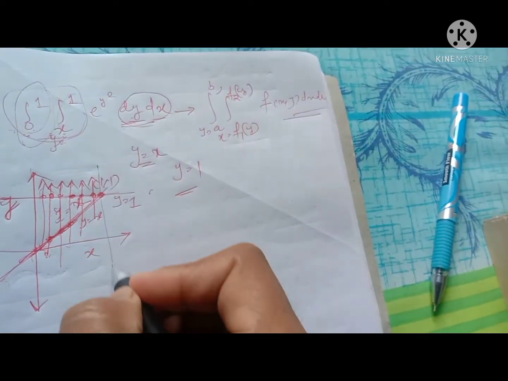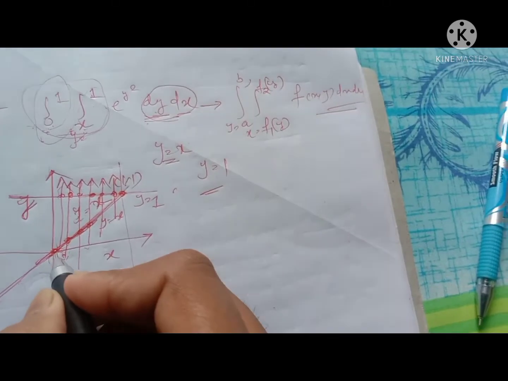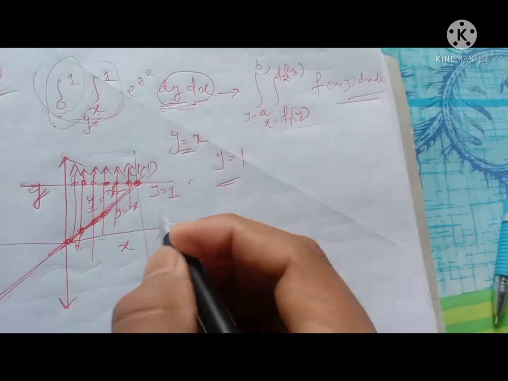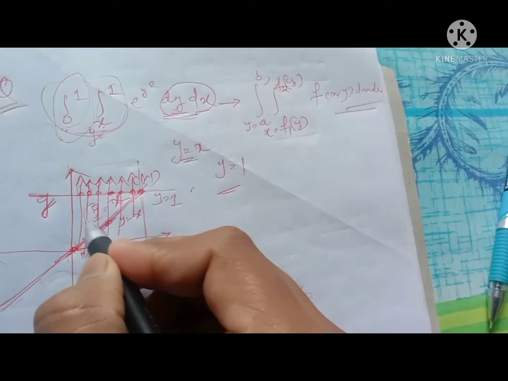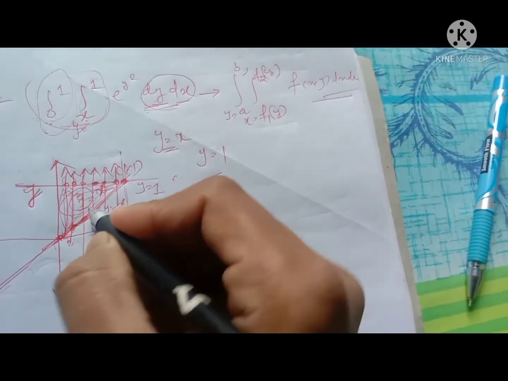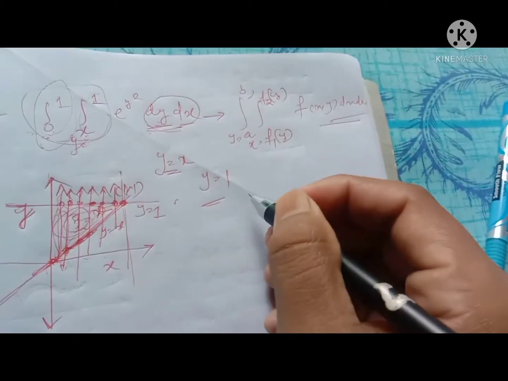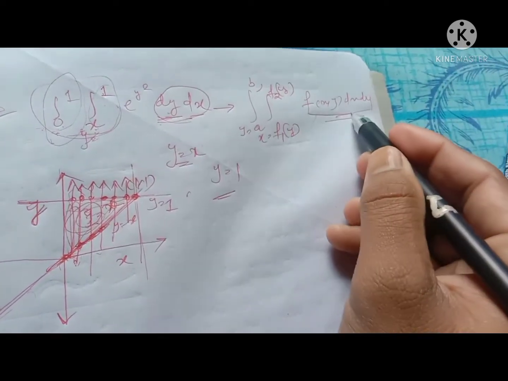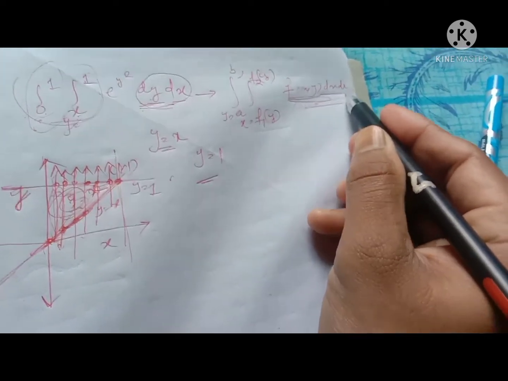This is your bounded region, and hence we can get our bounded region. Then we have to transform to f(x, y) dx dy.